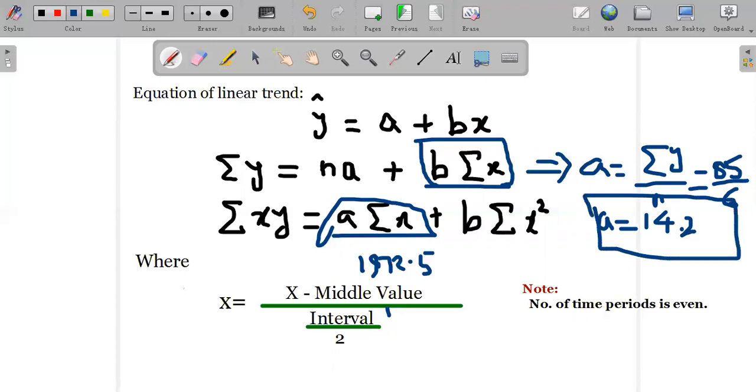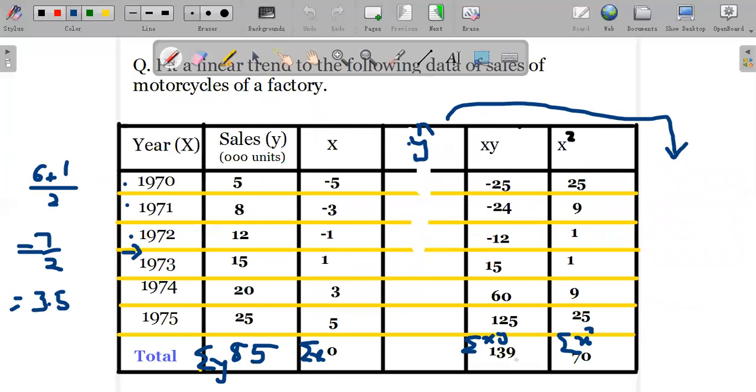So this is the first constant, and for the second constant, we find from here, b is equal to summation xy divided by summation x squared. Summation xy is 139, and the value of summation x squared is 70.